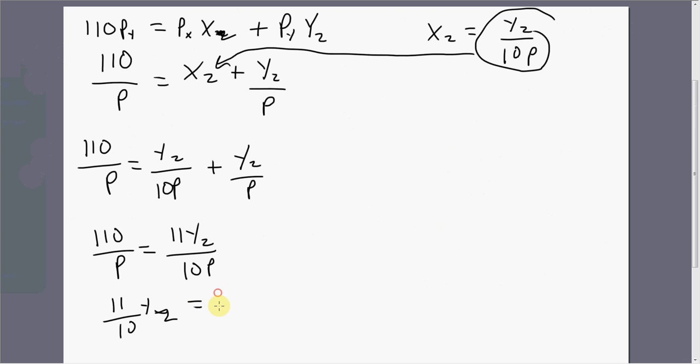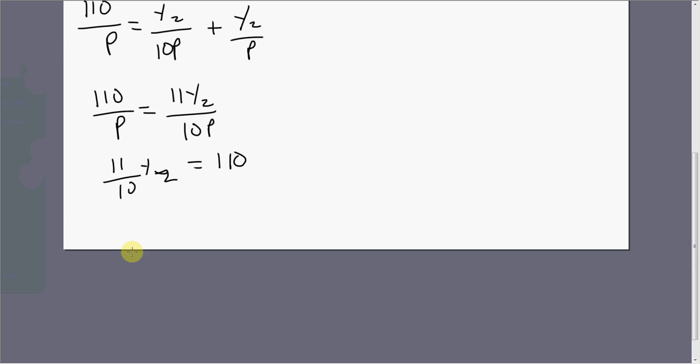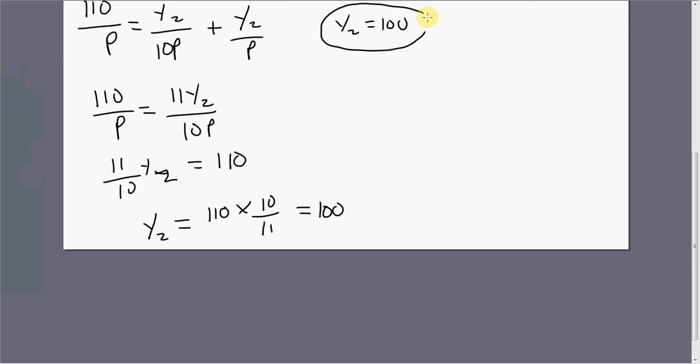You're going to get good y equals 110 times 10 divided by 11, or 100. So we have 110 units of good y in total. Consumer 2 will consume 100 of them. That means consumer 1 will be left with only 10.